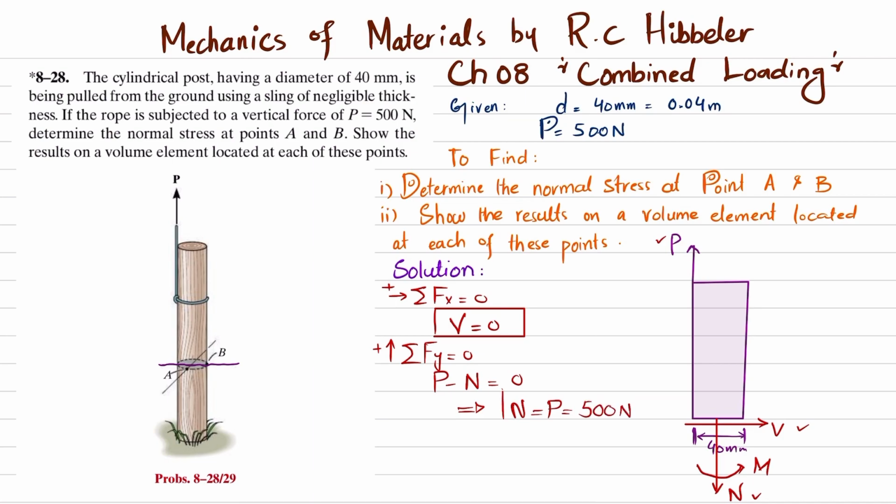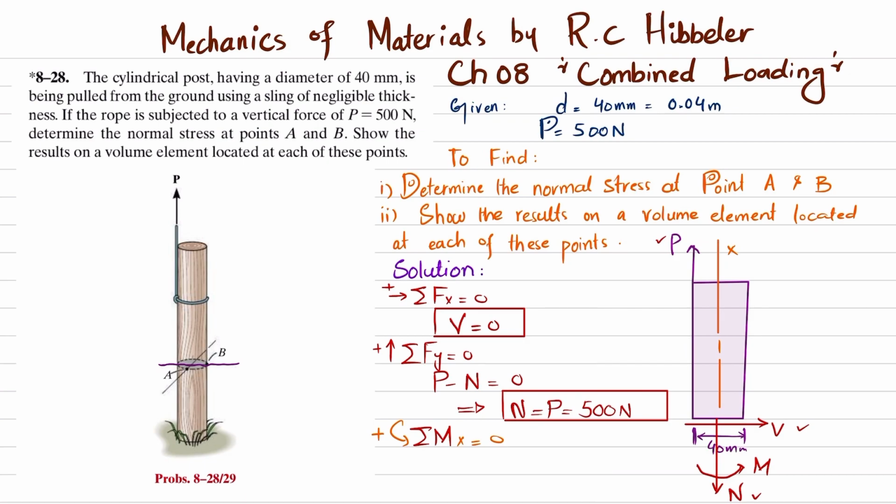Okay, now we will find this moment. Clear. So the sum of all moments about, let this be the axis. Clear. This is the vertical axis X. So the sum of all moments about X is equal to 0, taking the counterclockwise moment as positive.